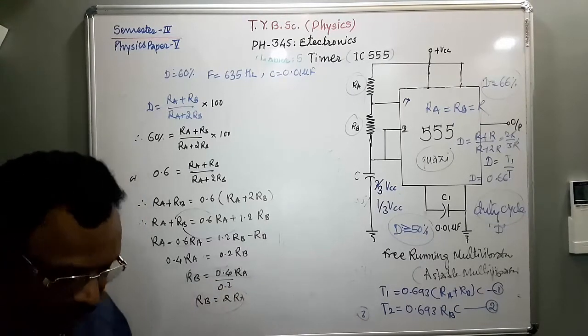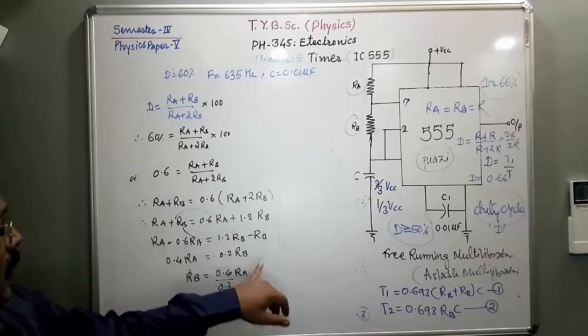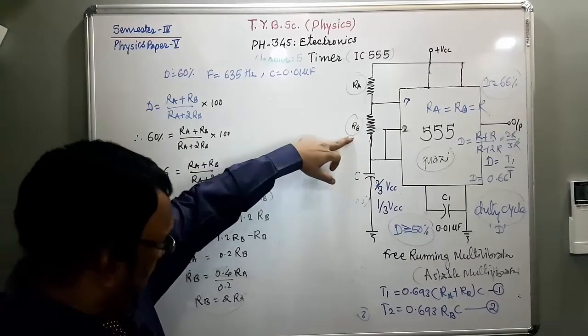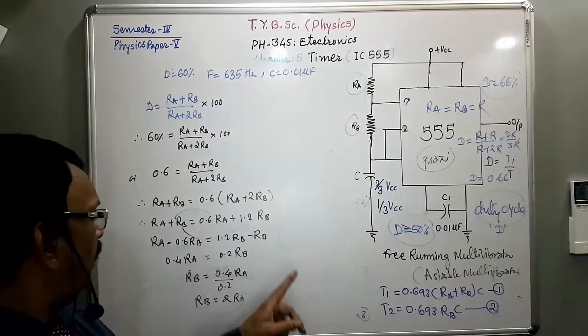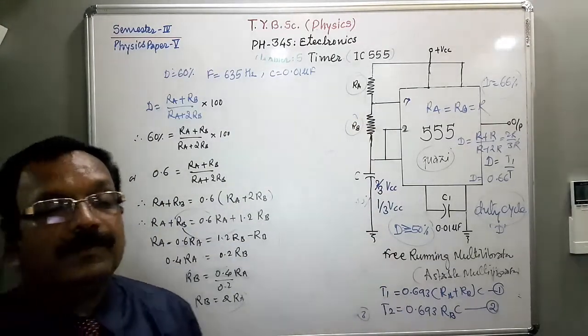This is very important. We have to choose the values of RA and RB such that RB should have the value of twice RA.